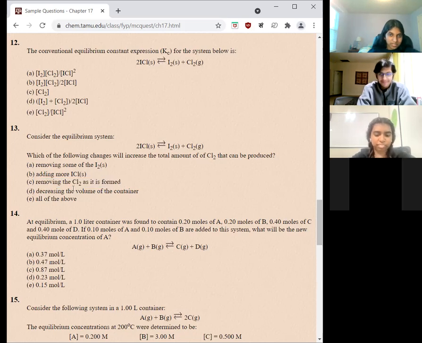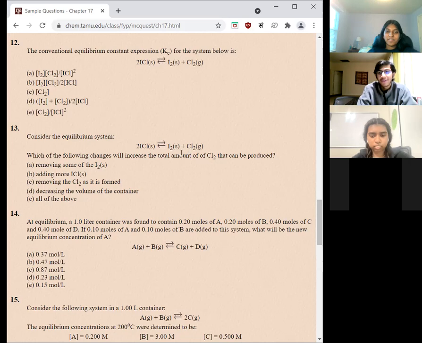So now I'm kind of confused. Look at answer choice E. Now you will be confused. Oh, wait. Okay, would decreasing the volume work? Let me see. Decreasing the volume means increasing pressure, and we want to go to the side with fewer moles, but they both have 2 moles, so I don't think that would do anything.